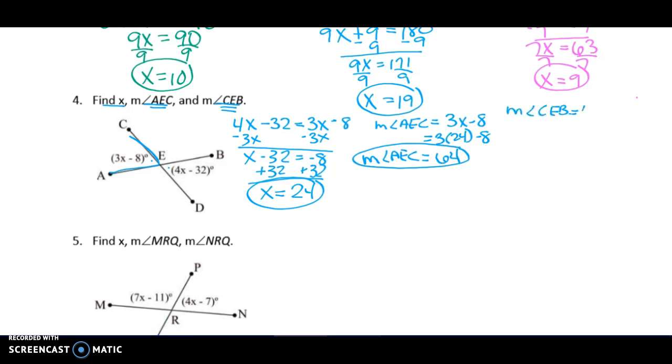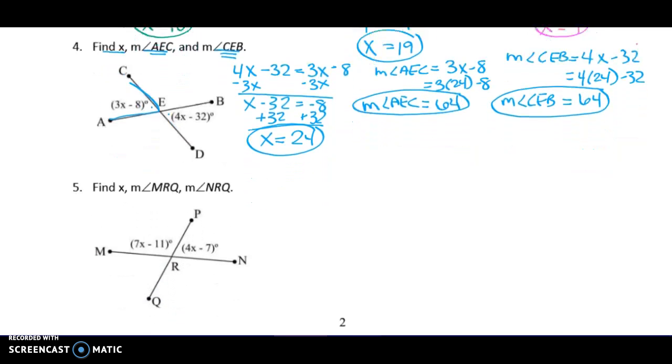That's the other side, 4x minus 32. So that is also 64. And we know then that we've done our work correctly because we got the same answer for both those angles.